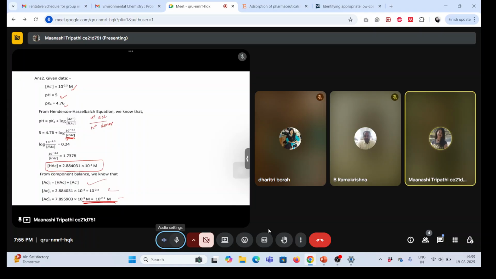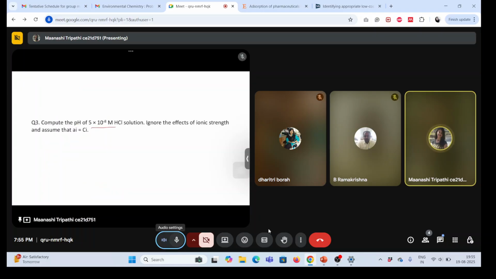Moving towards next question. Compute the pH of 5 into 10 raised to power minus 8 molar HCl solution. Ignore the effect of ionic strength and assume that activity ai is equal to concentration Ci.